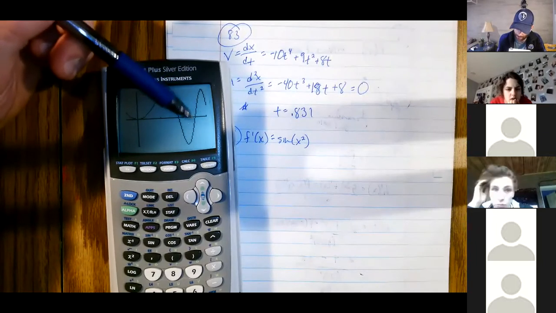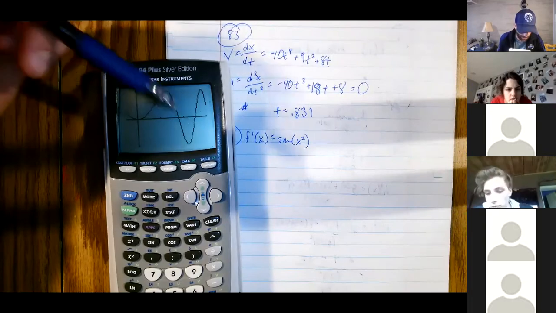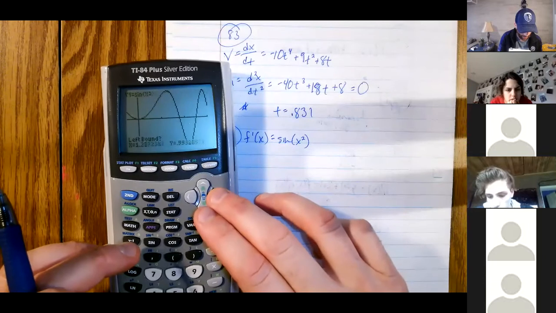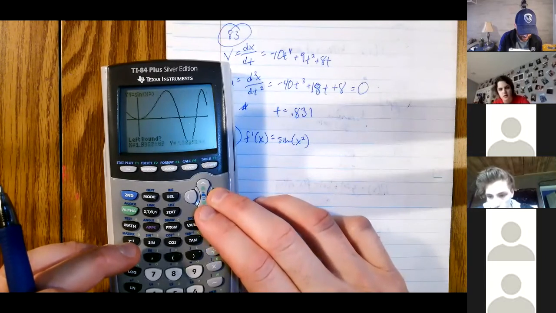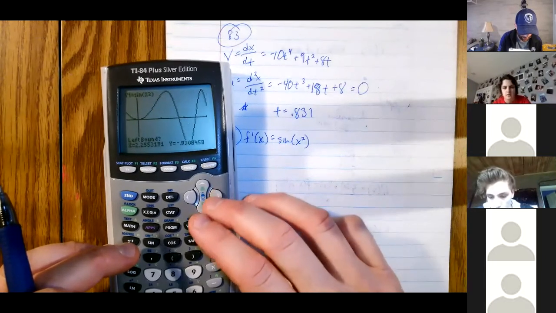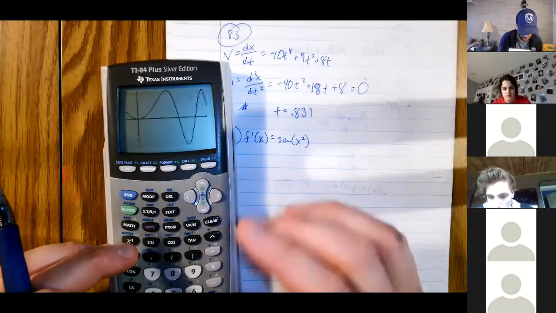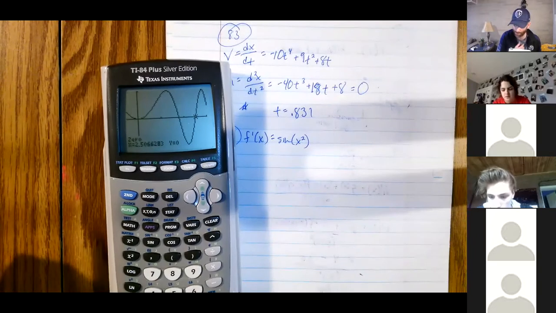That's right there. That value looks like it should be 2.507, but to verify, we find the 0, move the cursor to the left side of that 0, then to the right side, and we get 2.507. So the answer for 88 should be A.